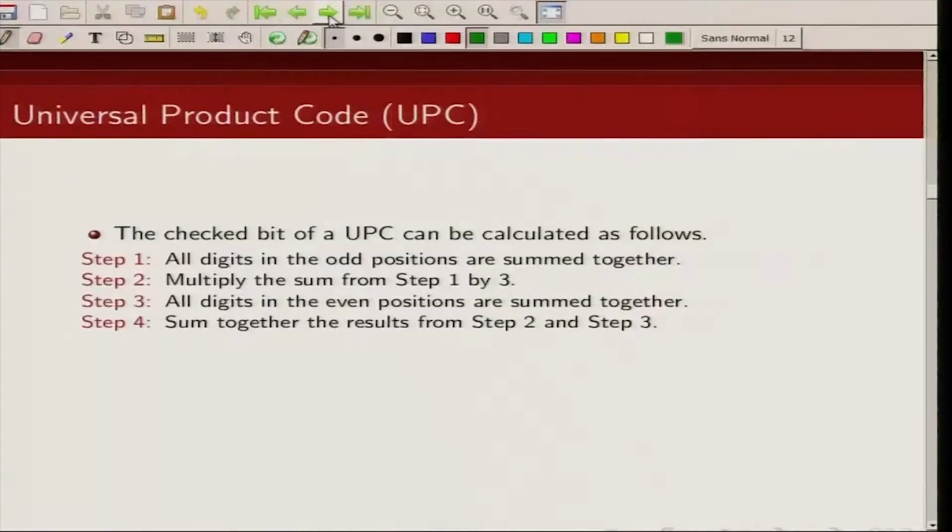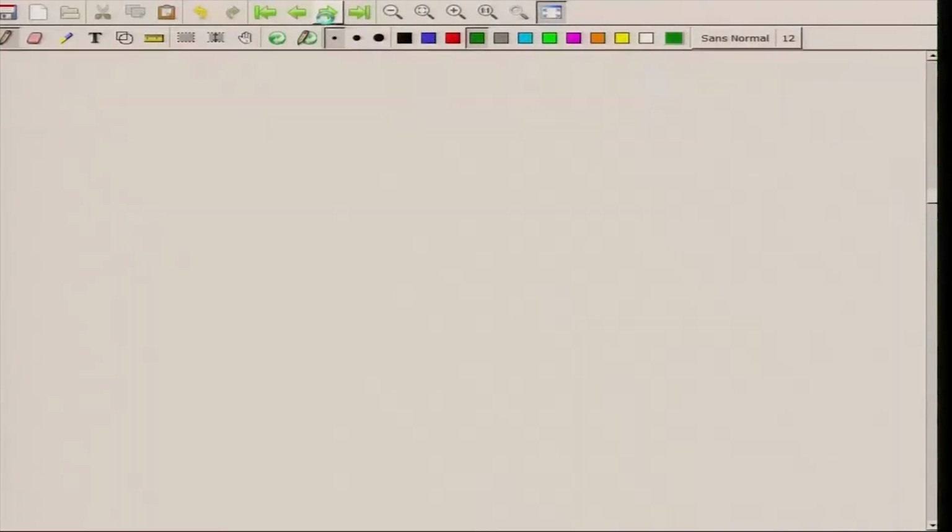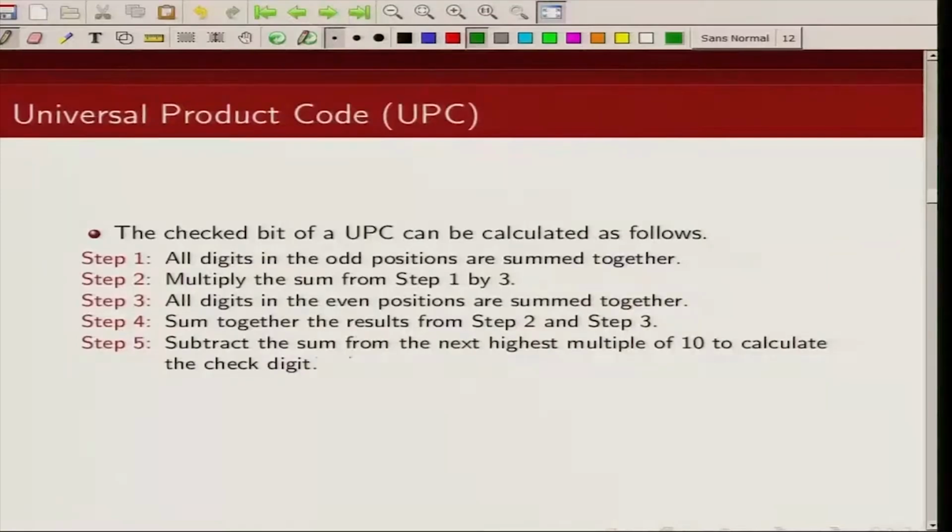So essentially you are weighing the digits, multiplying by 3, 1, 3, 1 like that, and you are going to add them all up and subtract the sum that you get from the next highest multiple of 10.